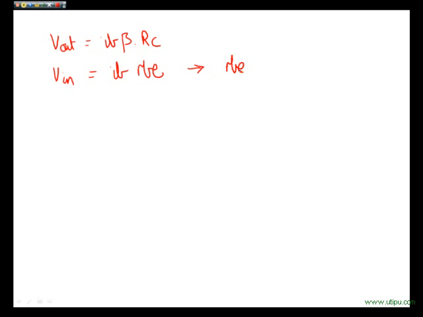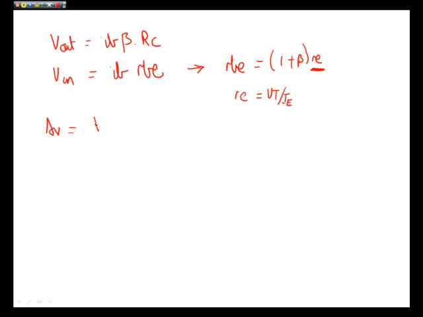Now I don't like to stop there. I like to remember that RBE is actually equal to 1 plus beta, RE. Emitter resistance, and of course RE is equal to VT over IE. So in effect the resistance here and the resistance here is controlled by your current flow.